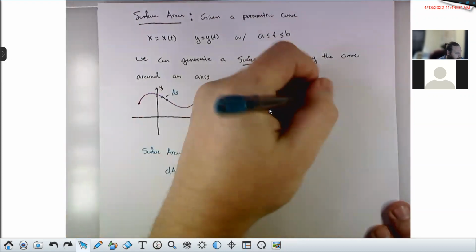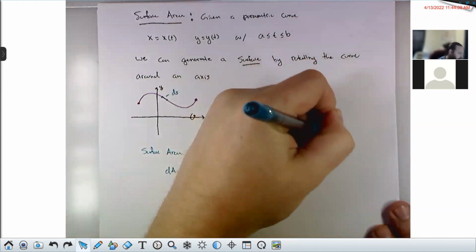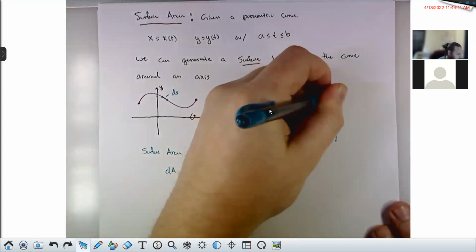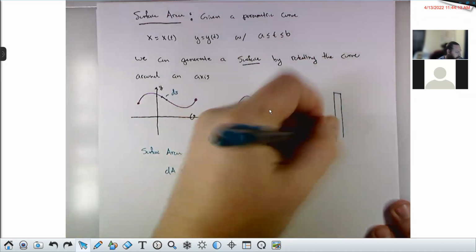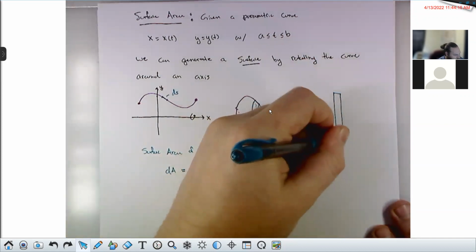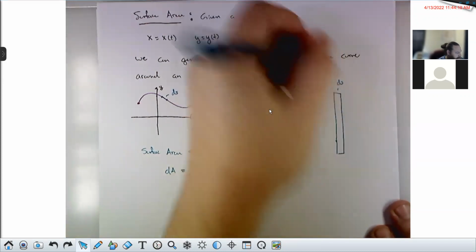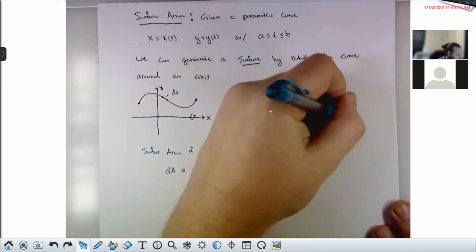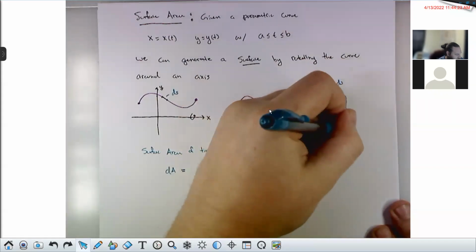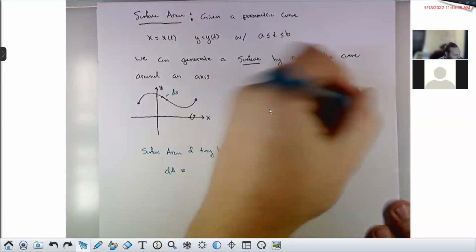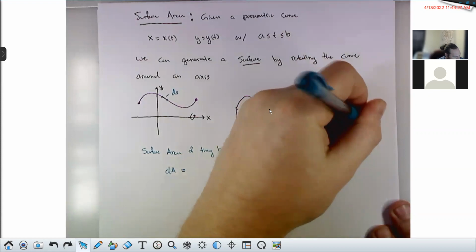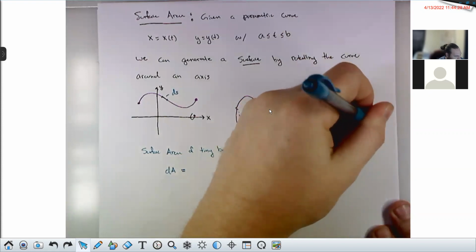And remember how we did this, we think of it like a watch band. You take it off and you lay it out flat. This side length here is ds. This side length here would be the circumference, which is 2 pi times the radius.